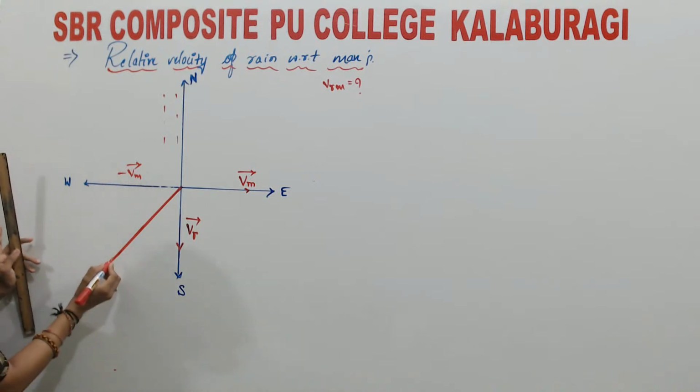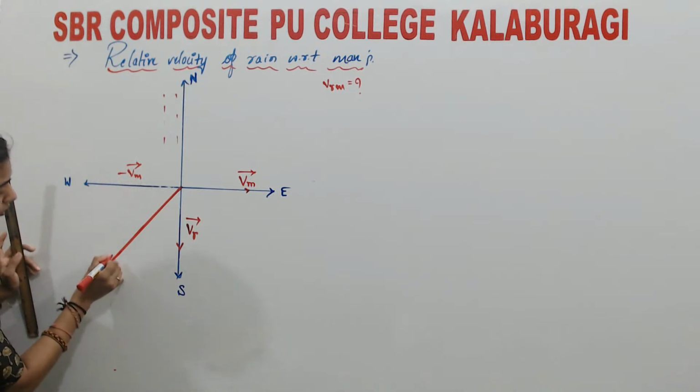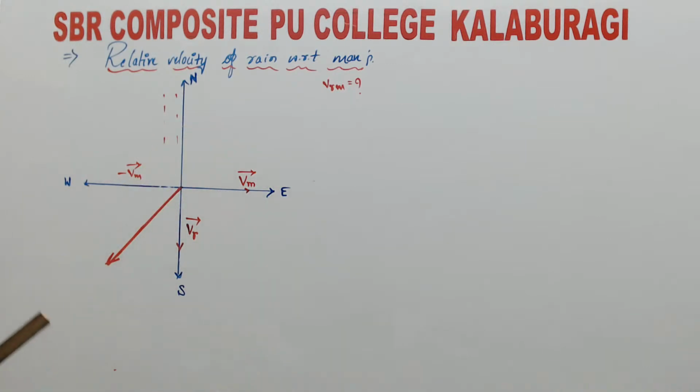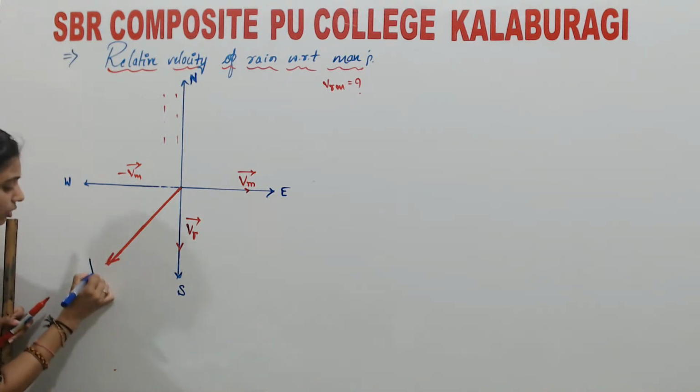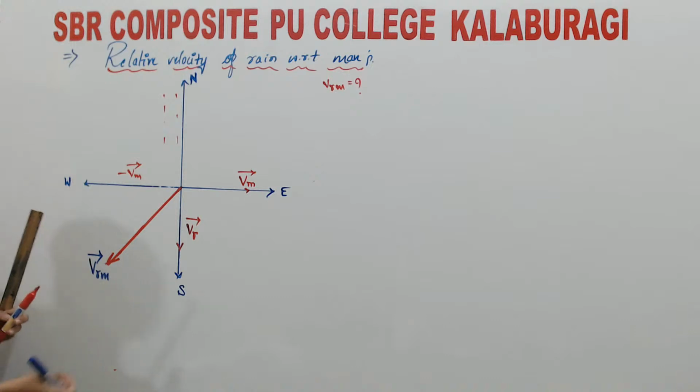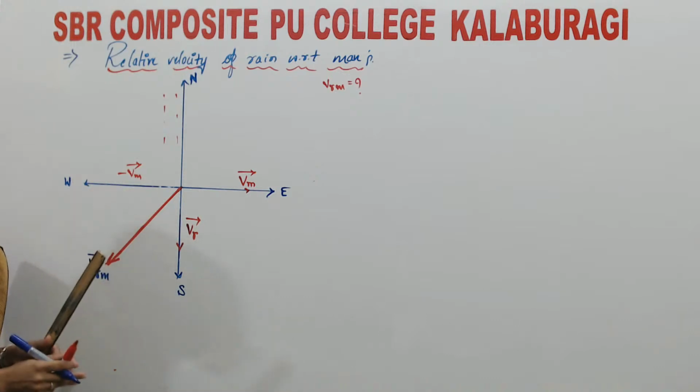This is the relative velocity of rain with respect to man, acting due to these two velocities, isn't it?